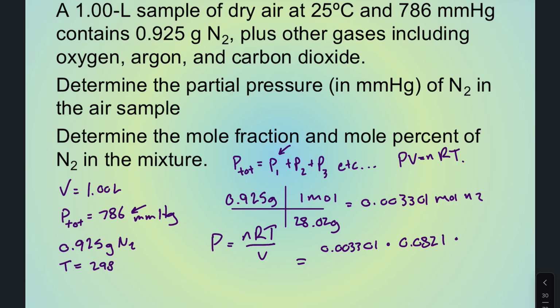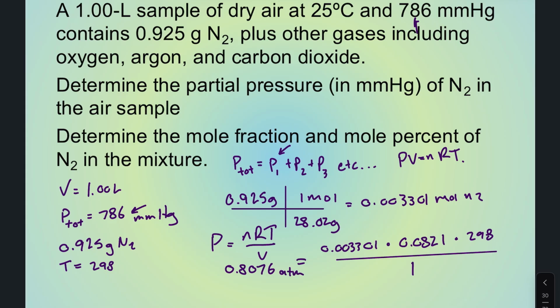We're going to need to convert that value to millimeters of mercury so that we can use this value and subtract it. 0.0821, and then we have 298, and we'll divide it by 1. So we end up with 0.8076 atm.